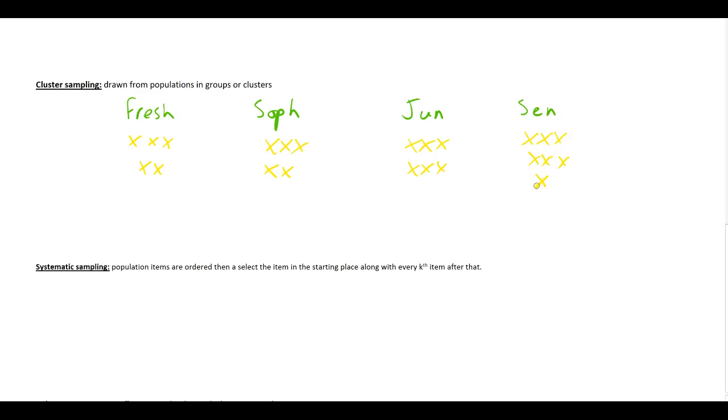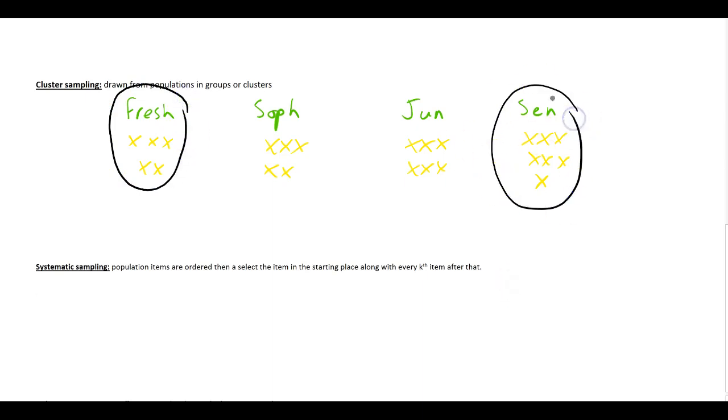Okay? The difference between stratified and clustered is that in clustered, what we do is we take the entire freshman group and maybe the entire senior group. We still divided people into groups, but we took everybody in a single group.